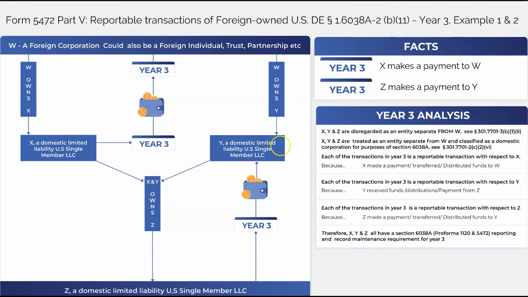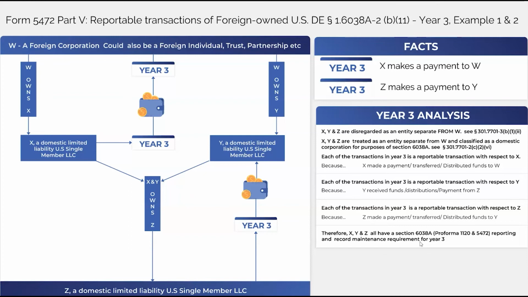So now that we're done with all three reporting entities here, let's look at what the IRS is saying in conclusion. The IRS is saying that therefore X, Y, and Z all have reporting under section 1.6038A, which basically means that the three companies X, Y, Z for year 3 need to file pro forma 1120 and 5472. They also have a record maintenance requirement for year 3. So think about it.